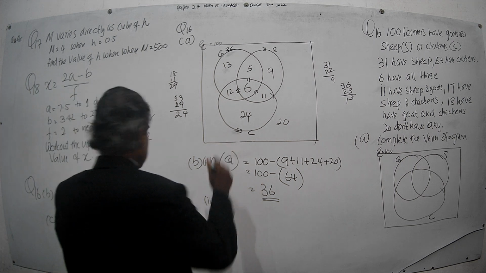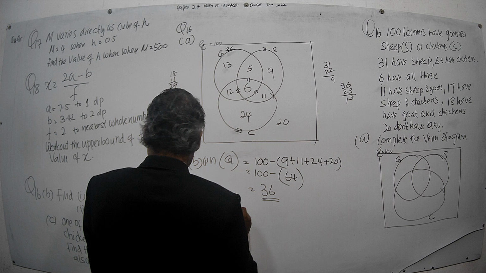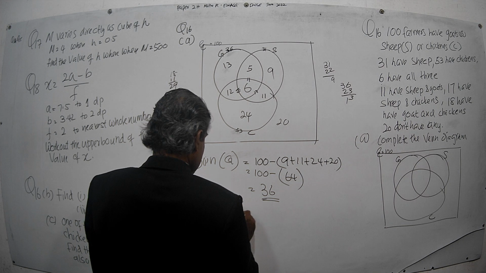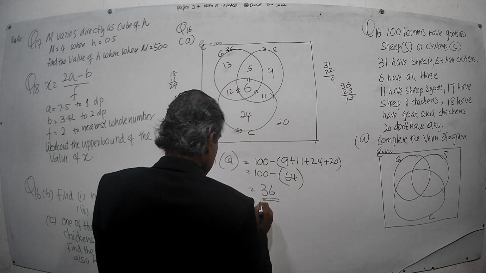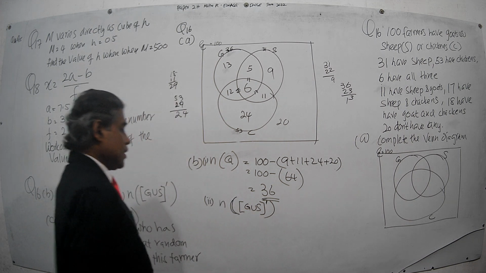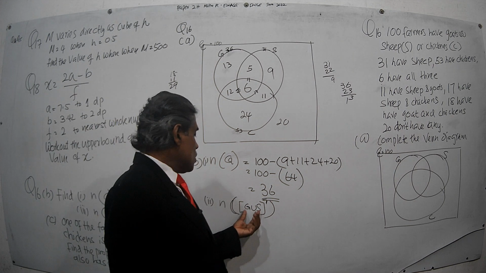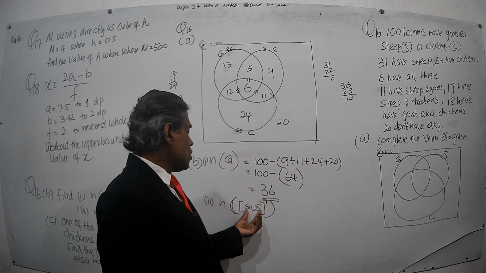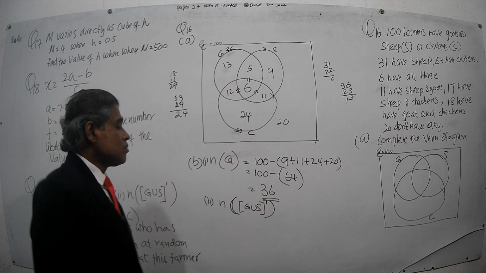Then you write here n, the number of farmers who don't have goats or sheep. This is what it means.